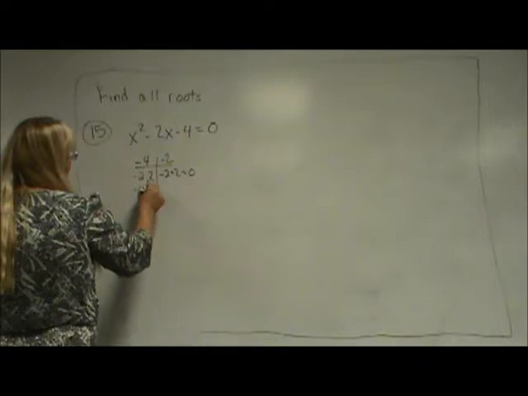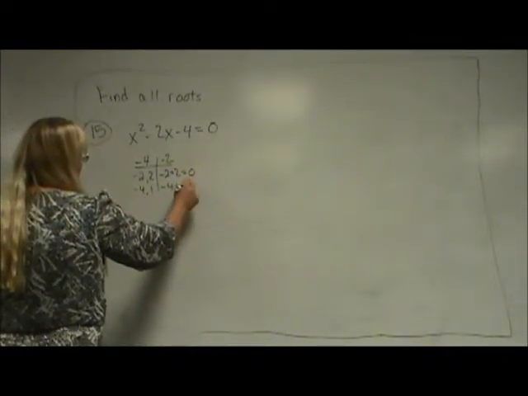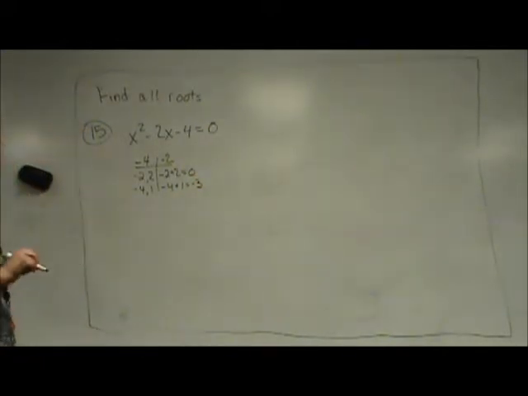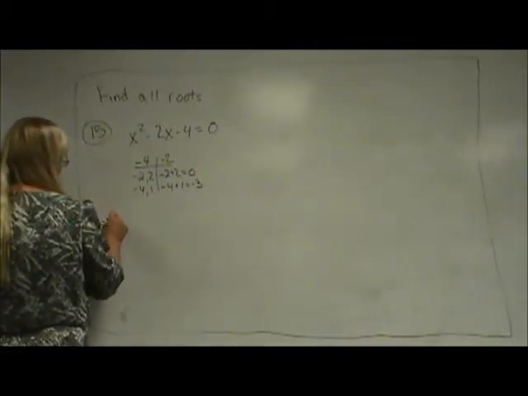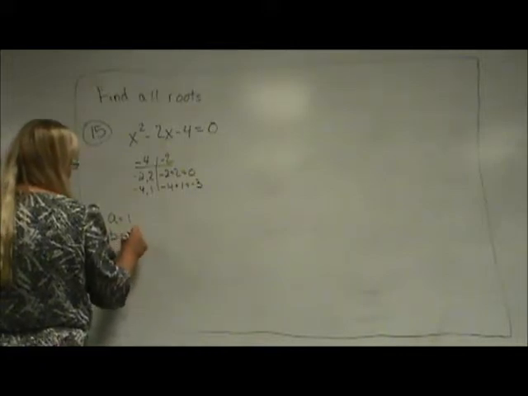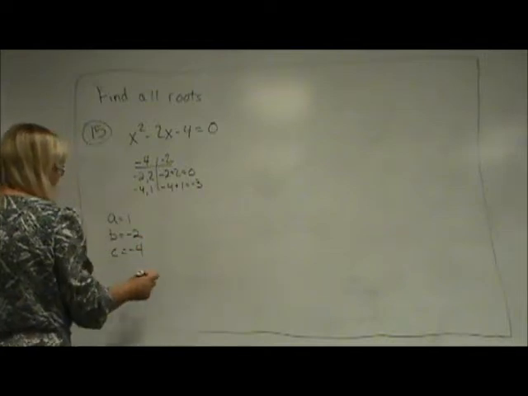Negative 4 times 1, negative 4 plus 1 equals negative 3. Looks like I'm going to the quadratic formula. A equals 1, B equals negative 2, C equals negative 4.